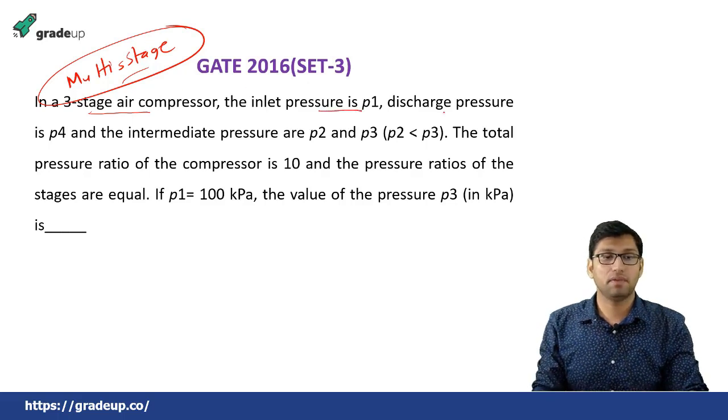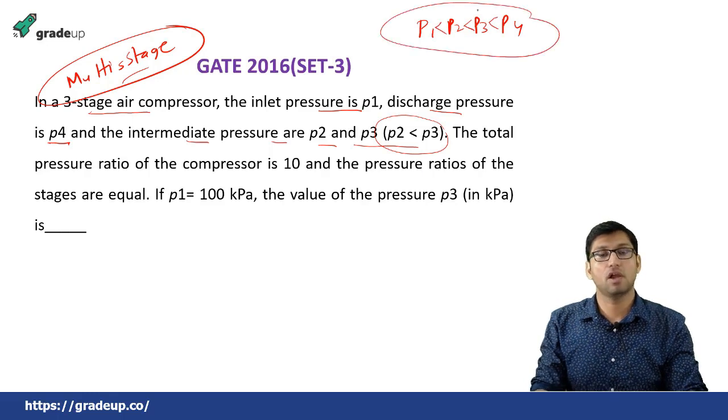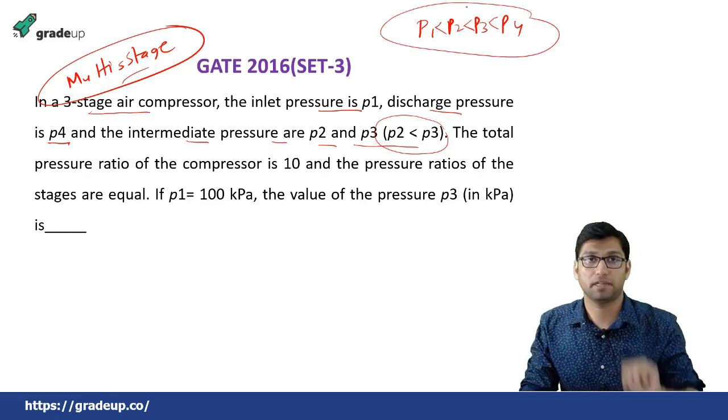The inlet pressure is P1 and the discharge pressure is P4. The intermediate pressures are P2 and P3, where P2 is less than P3. So there are four pressures P1, P2, P3 and P4, where P4 is greater than P3, P3 is greater than P2, and P2 is greater than P1. So there are 3 stages of compression.